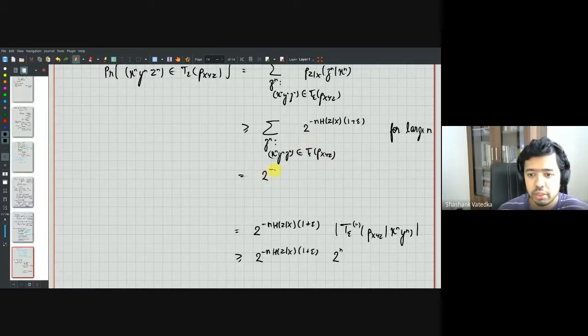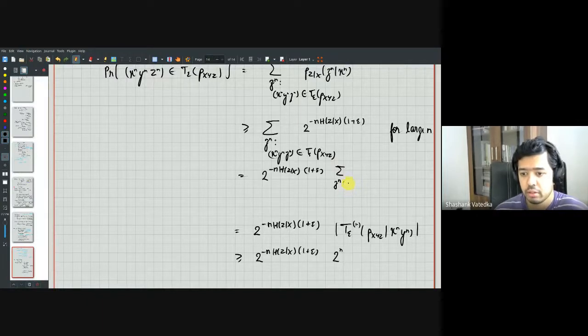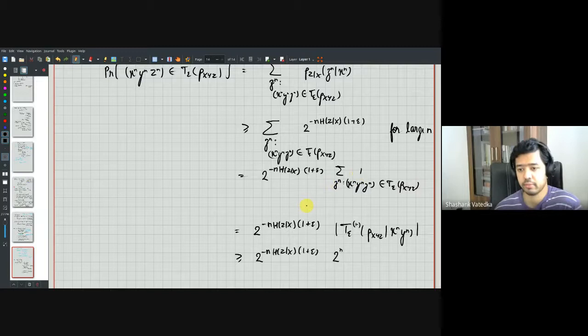So I have 2 to the minus n times H of Z given X times 1 plus epsilon, times the summation over all zn such that xn, yn, zn are jointly typical, T epsilon of P x y z, of 1, right?